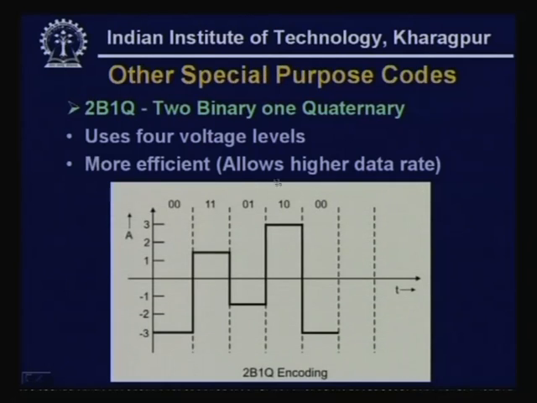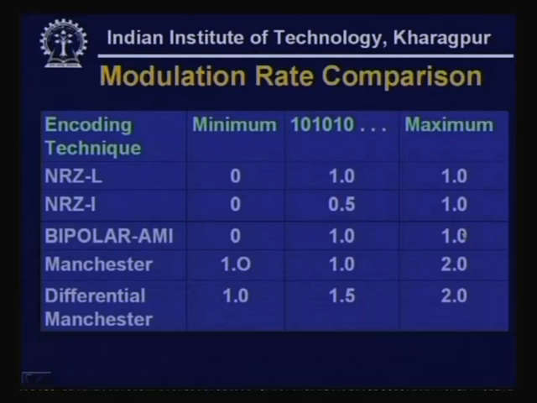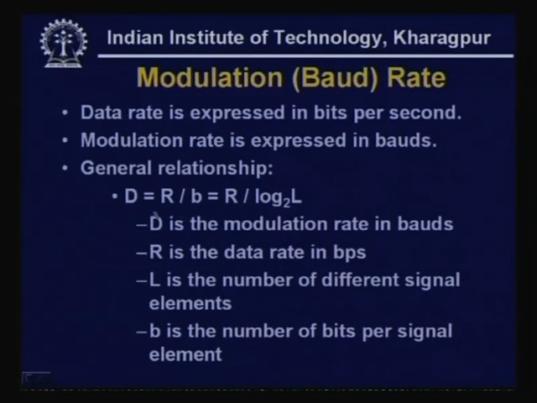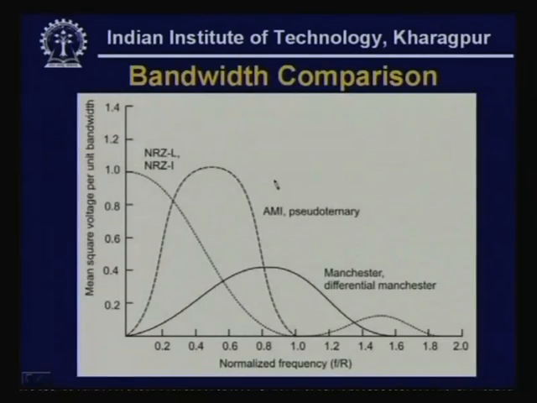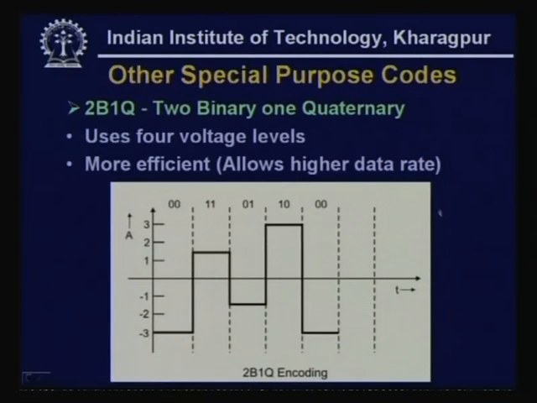So, it gives you a higher data rate. If we look at the previous diagram, R is equal to D into log 2 L. So, here R is equal to D into log 2 L, where L is 4.